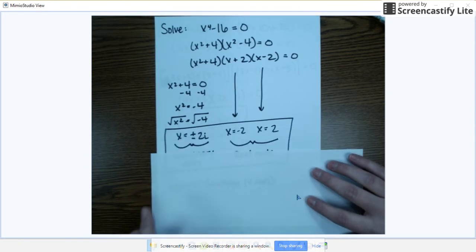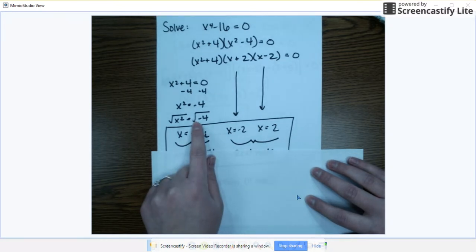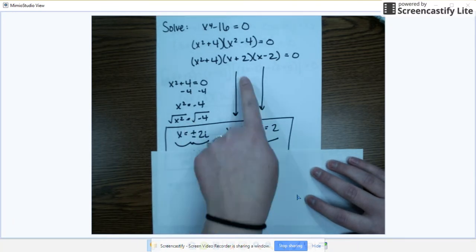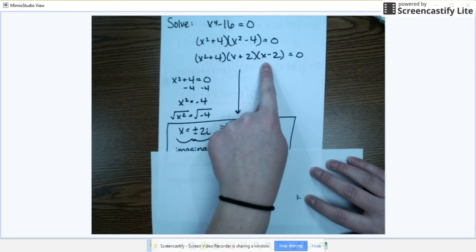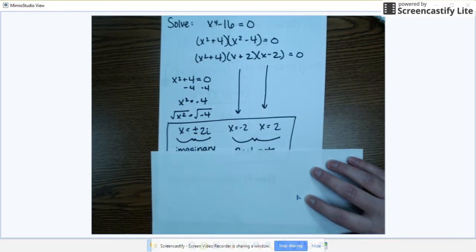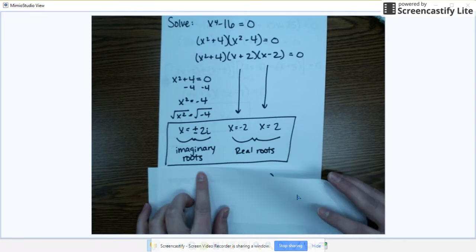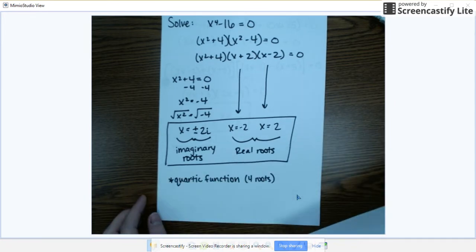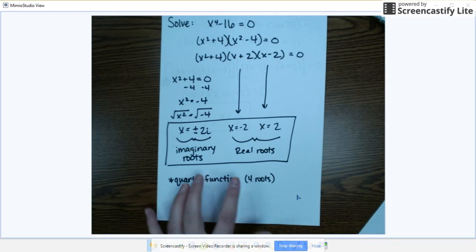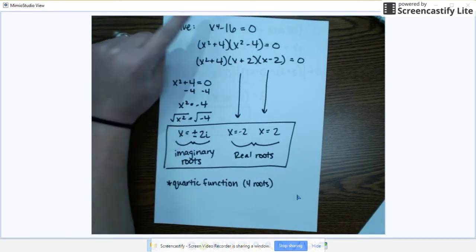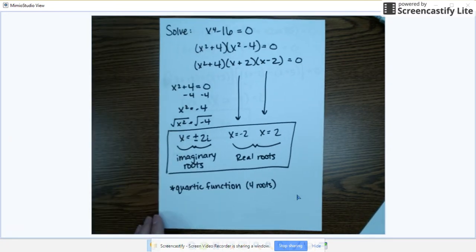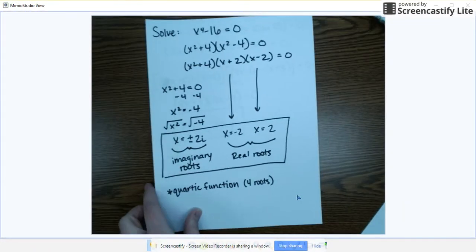So our x would be equal to plus or minus 2i, which is the square root of negative 4. And then we have x equals negative 2 and x equals positive 2 from above. So we still have four roots, just two of them happen to be imaginary and two of them are real. We have four roots because this is a quartic function. It has a degree of 4, or a fourth power, to begin with.